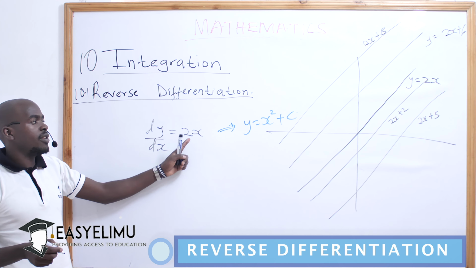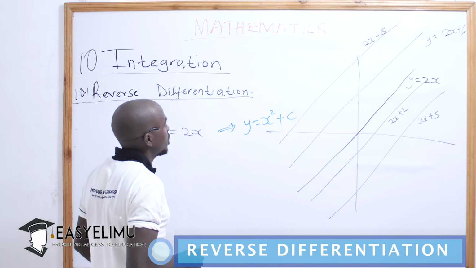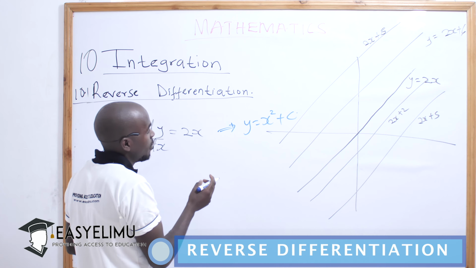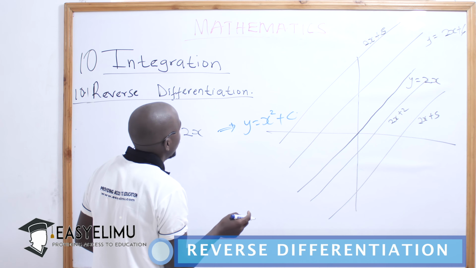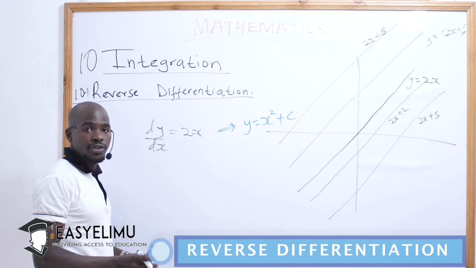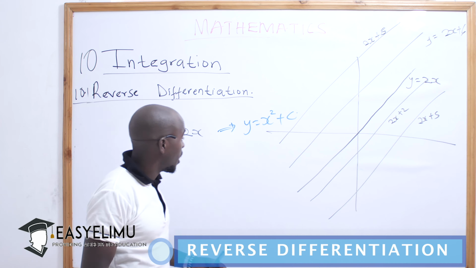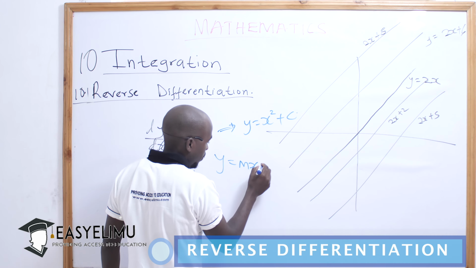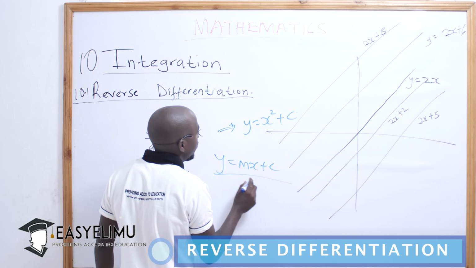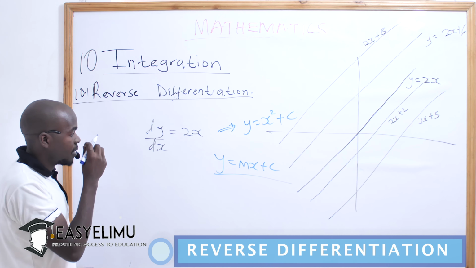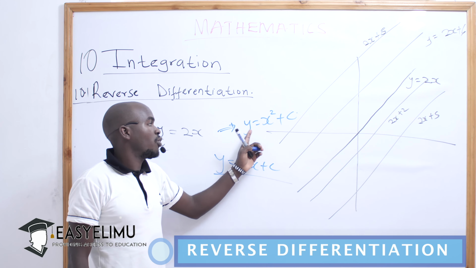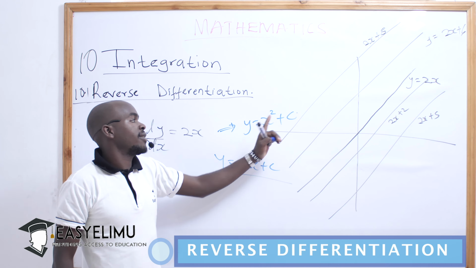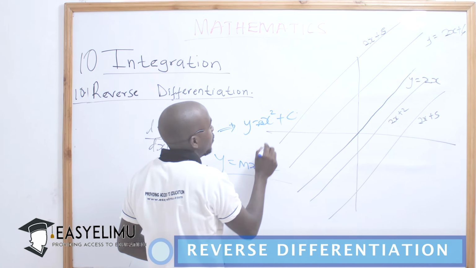If you have an equation y equals x squared plus c, it will give rise to this gradient. Many of them that appear in the form of y equals mx plus c will take the form of this gradient, and their equation of the function will take the form y equals x squared plus c, or may have a coefficient a.